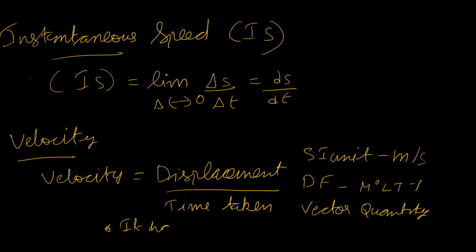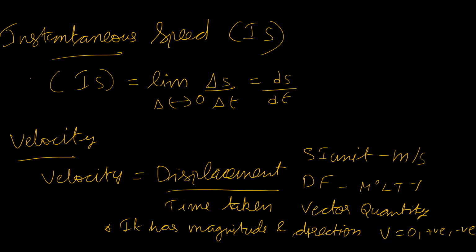It has magnitude and direction. The velocity of an object can be 0, positive, negative. Okay, next we need to know some terms. I'll write it at top. One of those terms is uniform velocity.